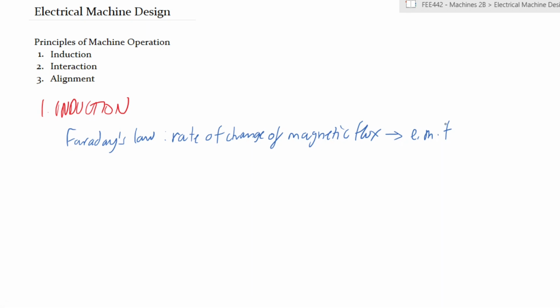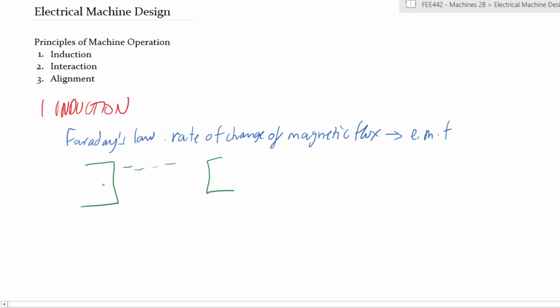If you have, let's say, a magnetic field being created by two magnets, and inside this magnetic field, you have present a conductor that is capable of carrying a current.